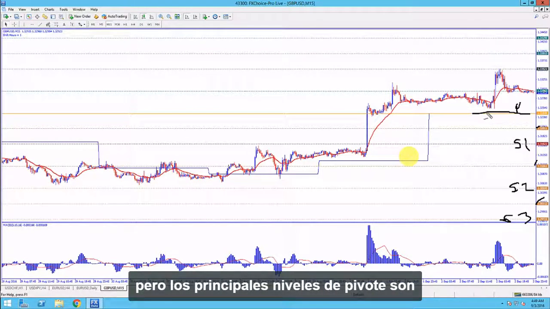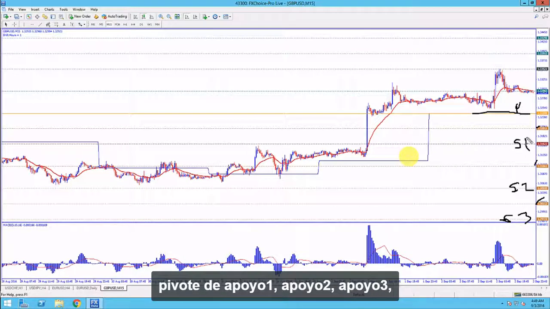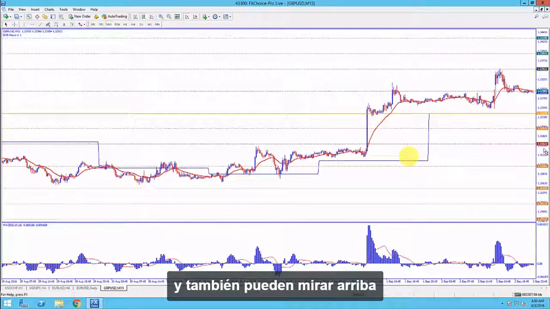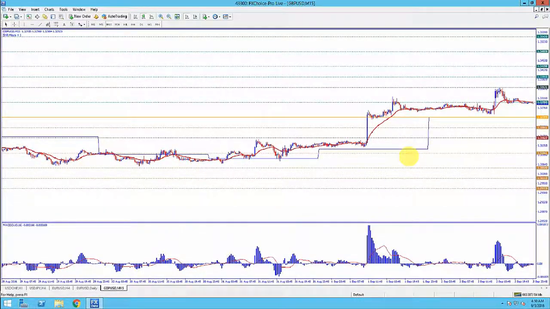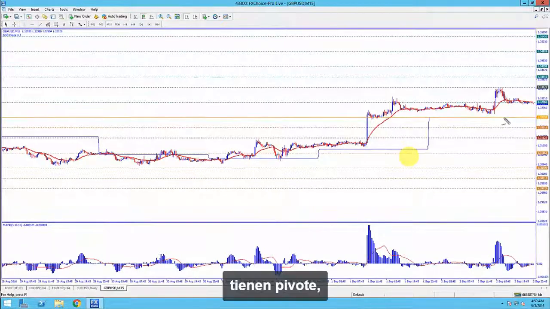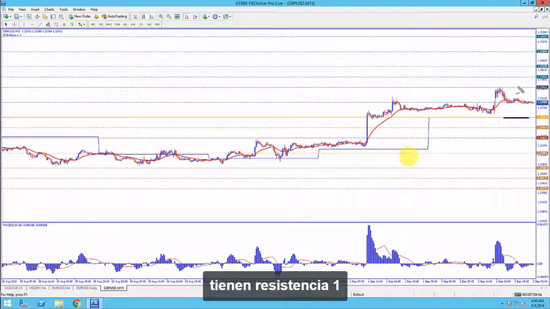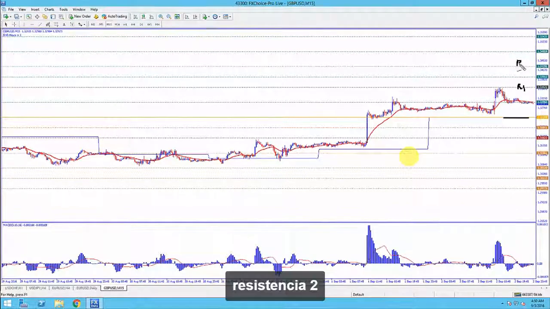The ones in the middle a lot of times are also used as support and resistance, but the main pivot levels are pivot, support 1, support 2, support 3, and also you can look above, where you have the pivot, then resistance 1, resistance 2, and resistance 3.